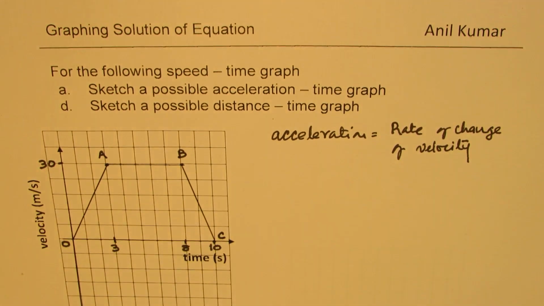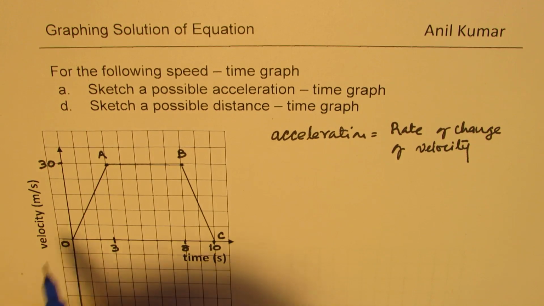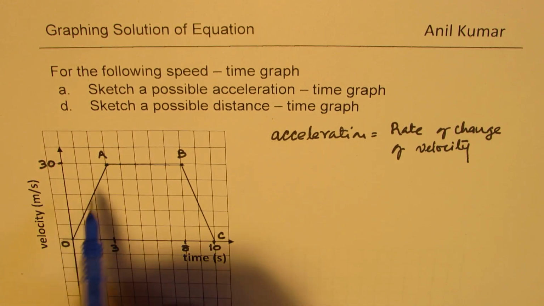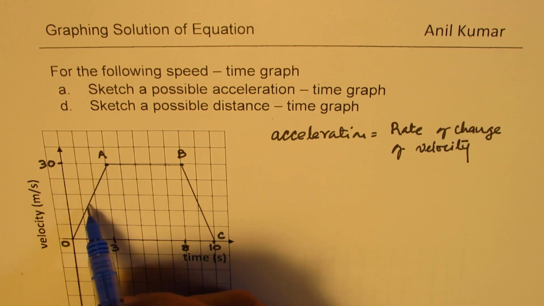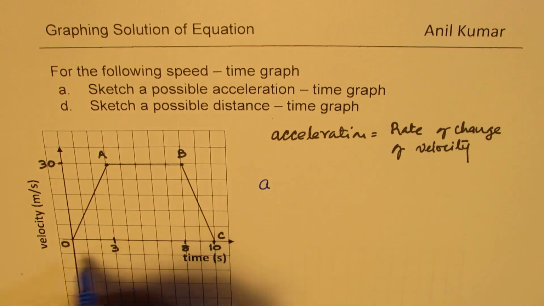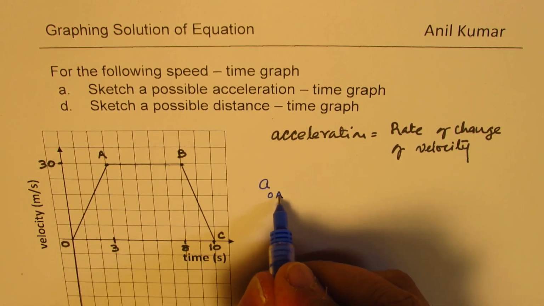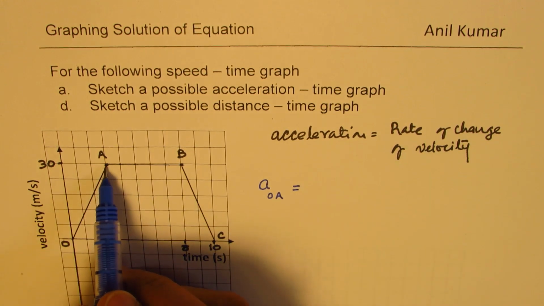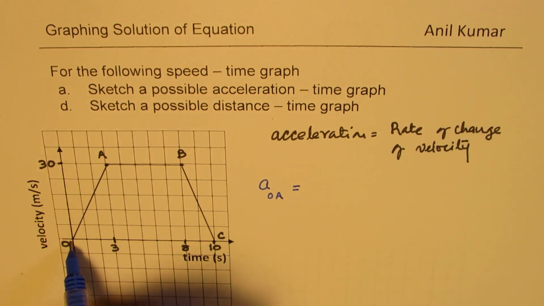So in the very first stage, velocity is constantly increasing. There's a constant acceleration. Let's find the acceleration in the duration 0 to A. When we say rate of change, that means the value at the end minus the value in the beginning.